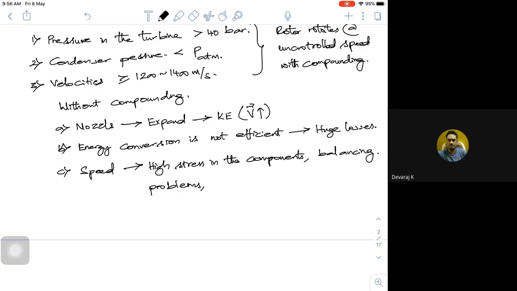Then the design will become more complex; already the design is complex for a steam turbine. When I have high stress, I have to go for very high quality materials, and good balancing is once again a problem. Then the design cost increases, and all this leads to cost escalation.